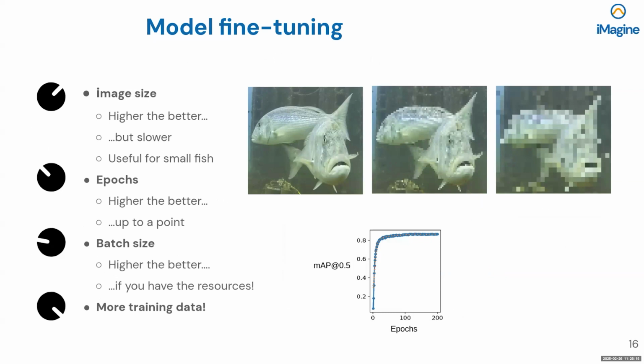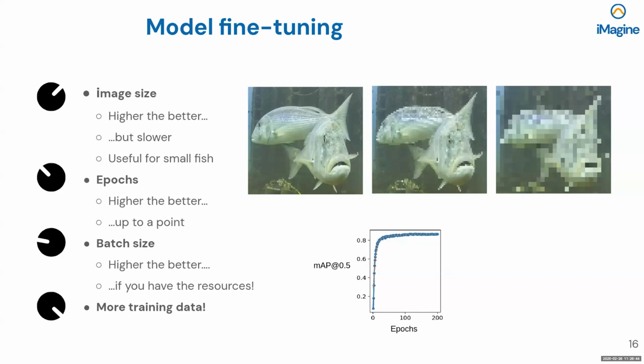Of course, if we are using a very low resolution, it's something like the picture on the right, which is very difficult to understand, even for a machine. If you have a high resolution picture like the one on the left, it's simpler for us and for the machine to understand. Of course, the higher the image size or resolution, the slower the training and the inference are going to be, but you will have better results.